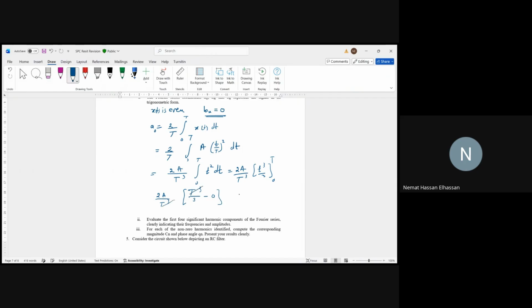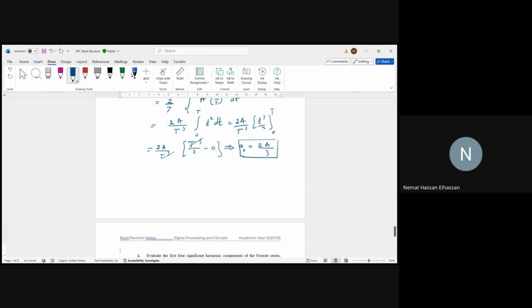These two cancel each other out, and we can say that a0 is equal to 2a over 3. So this is the first coefficient, a0.